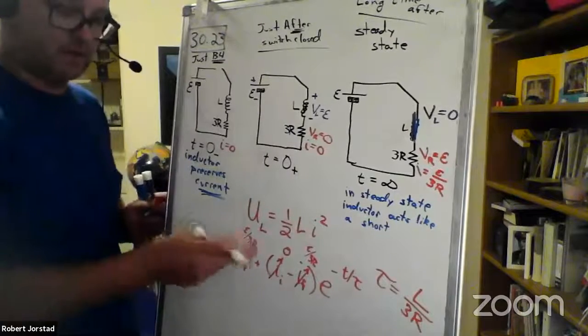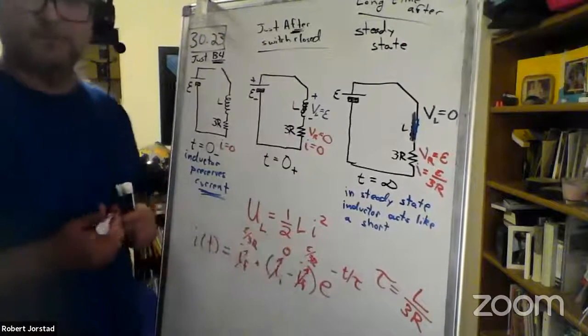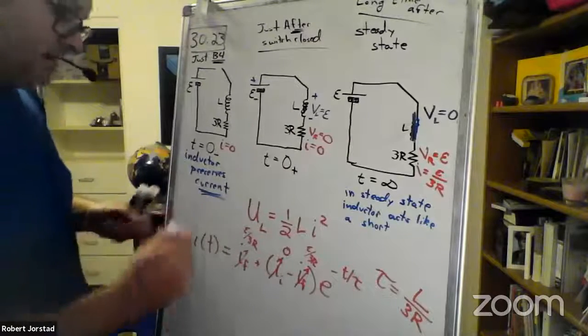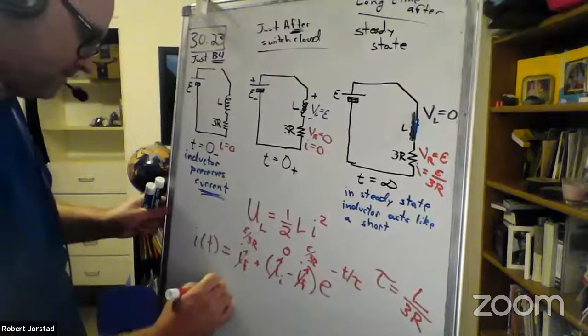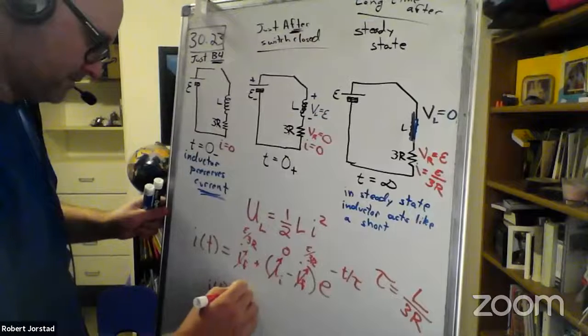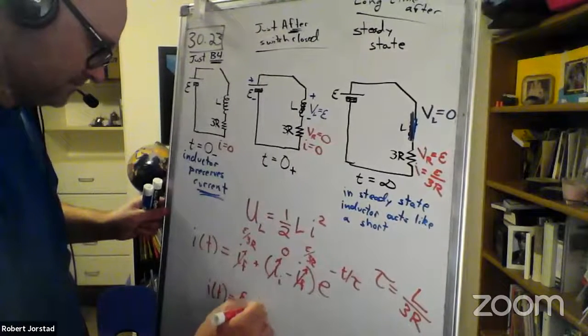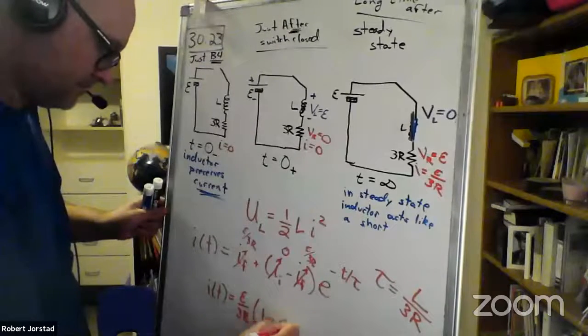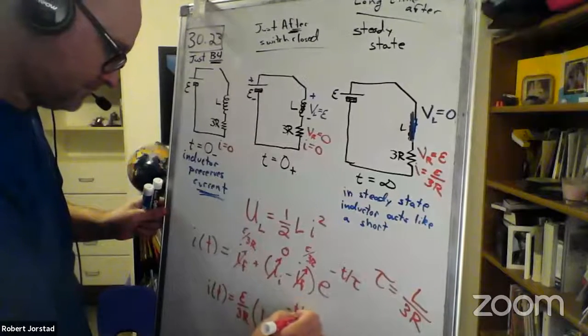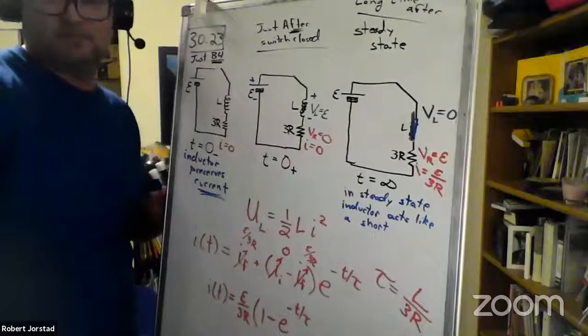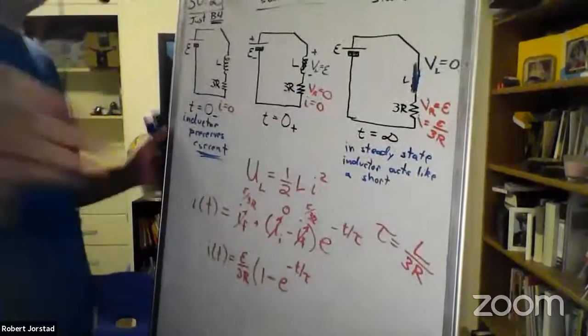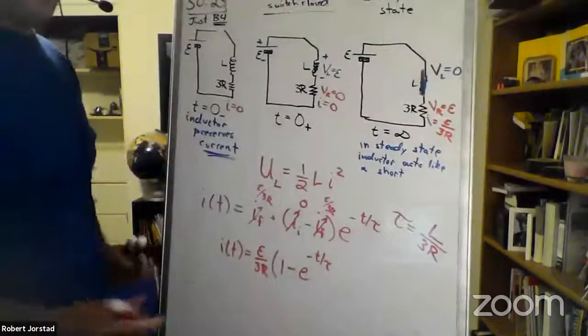E over 3R for both of those. All right, and so now we've got this.